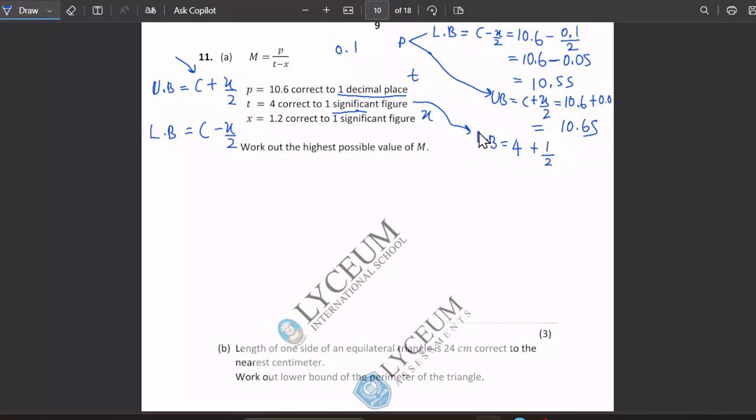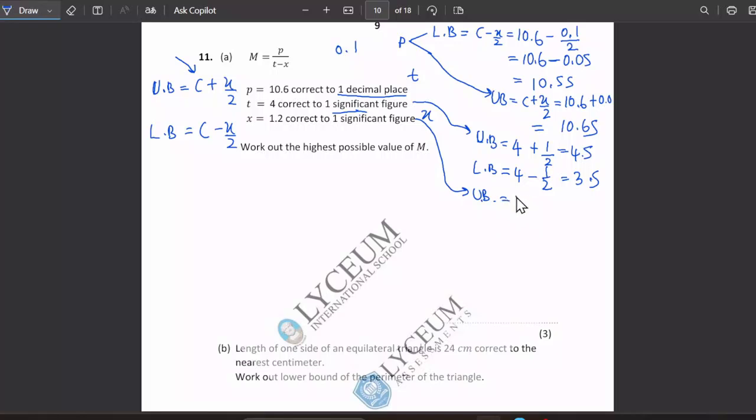Okay. So this is the upper bound. Always the upper bound is the maximum number. So then we get 4.5. So the lower bound 4 minus 1 over 2. So that's 3.5.